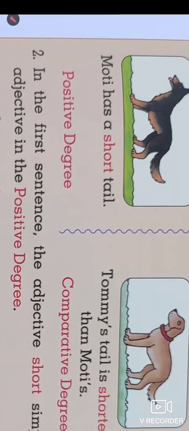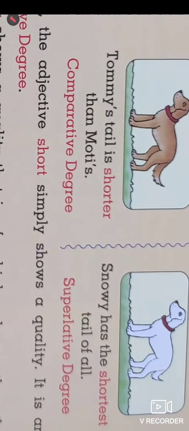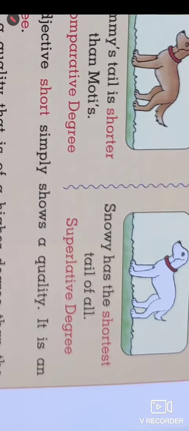So here we are using the positive degree for Moti. Comparatively, Tommy's tail is shorter than Moti's, so here we compare Tommy and Moti. And the last one is the shortest.